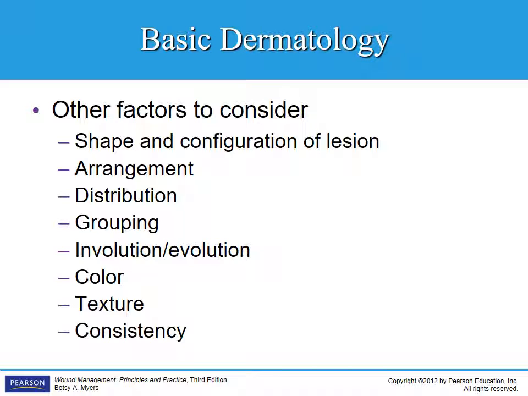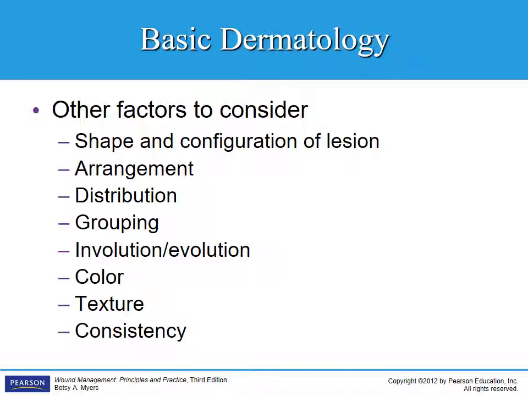Other things you need to think about when you're looking at something on your patient's skin that doesn't look normal is: what is the shape and configuration of it? What's the arrangement, the distribution, grouping, evolution, or involution?